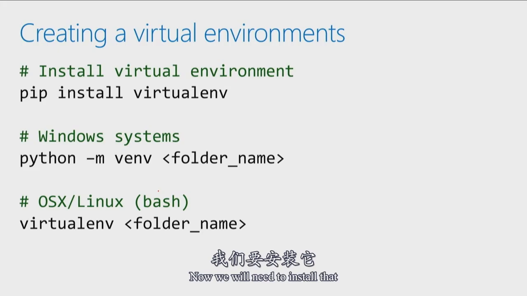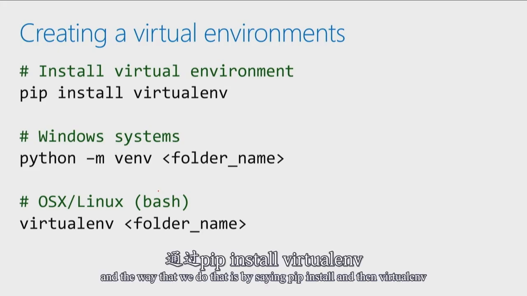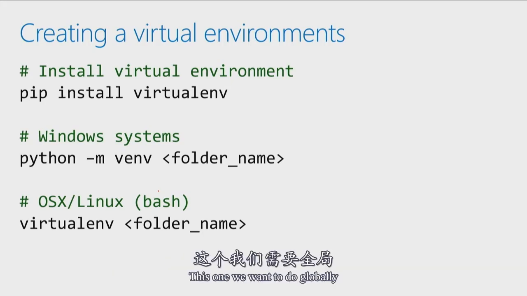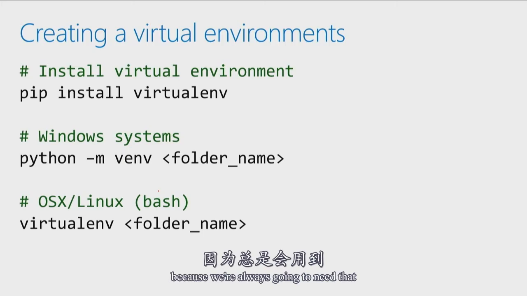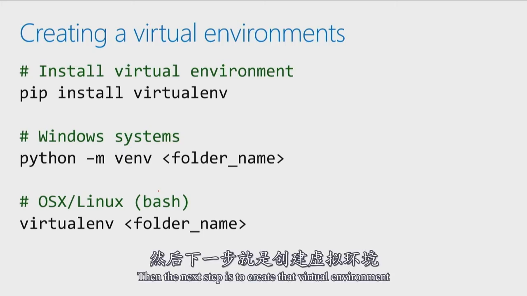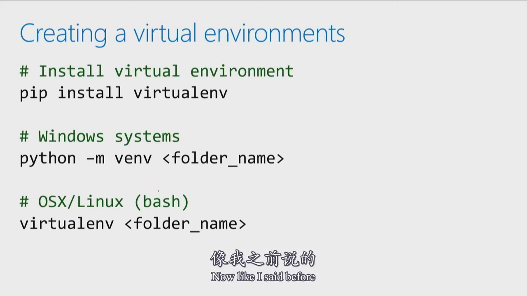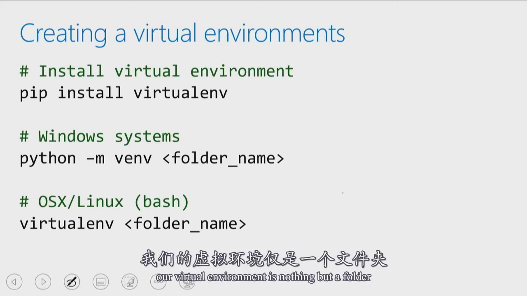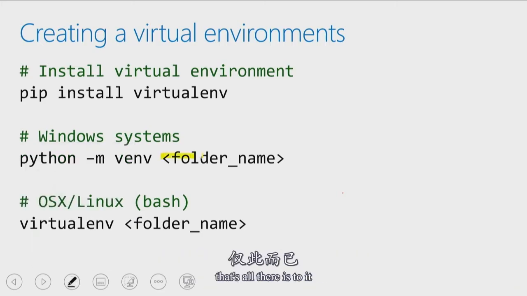Now, we will need to install that, and the way that we do that is by saying pip install virtualenv. This one we want to do globally because we're always going to need that. And then the next step is to create that virtual environment. Like I said before, our virtual environment is nothing but a folder. That's all there is to it.